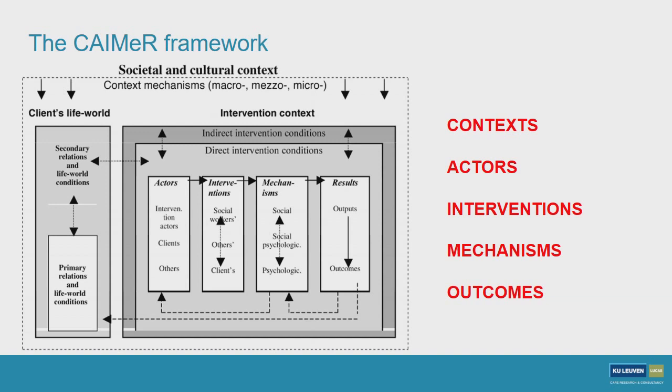It's quite complex. I'm not going into detail on all the boxes, but what's more important, Keimer means contexts, actors, interventions, mechanisms, and outcomes. And you see how the realist approach influences the way Björn Blom does implementation research. You see the concepts of context, actors, and mechanisms coming back.